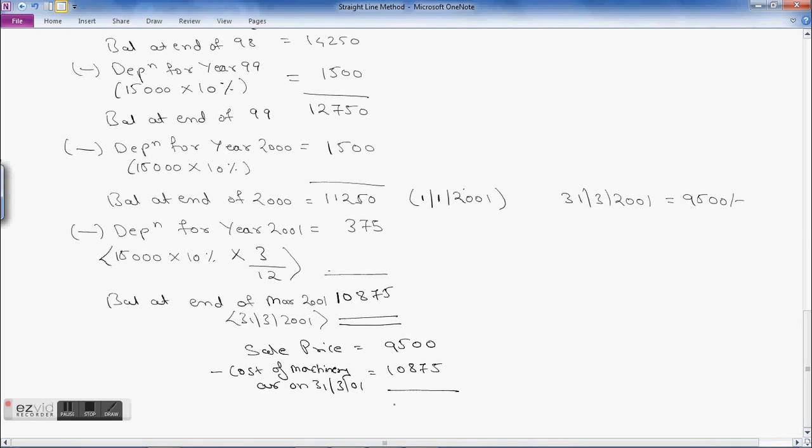So it has been sold at a lesser price. So 1,375, that is 10,875 minus 9,500, is a loss on sale of machinery. Now we will prepare one machinery account and depreciation account to understand these transactions.